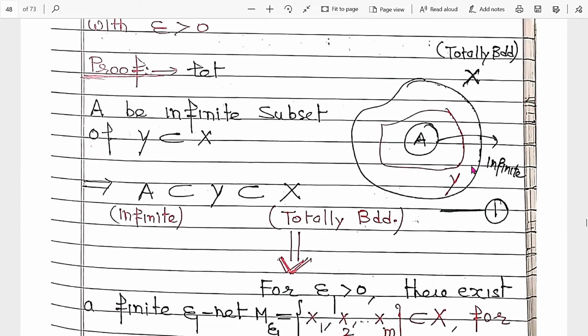We have the totally bounded space X, and a second set Y, and it has some infinite set A whose diameter is less than epsilon. Our purpose is to find an infinite set A whose diameter is less than epsilon.